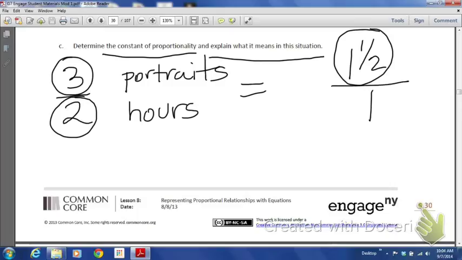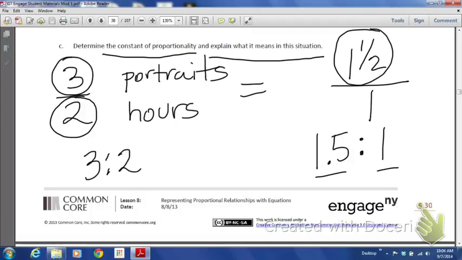We don't write fractions like this usually, but writing it as a ratio, again, we like to keep it a little bit neater. We'd say 1.5 to 1, which is 1.5 portraits per hour. Is the same as 3 to 2. Again, this ratio here. Okay, these are the same. They are equivalent.